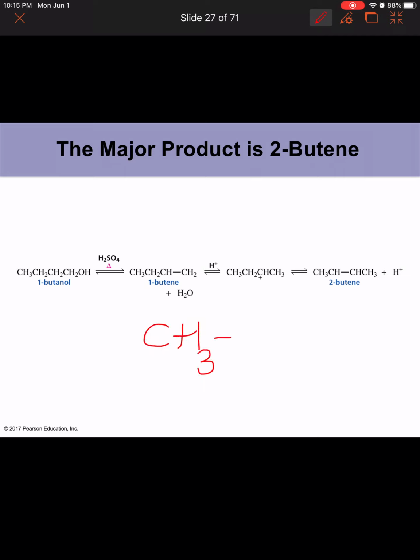So it would be something like this, CH3, CH, CH3, so this is the intermediate.